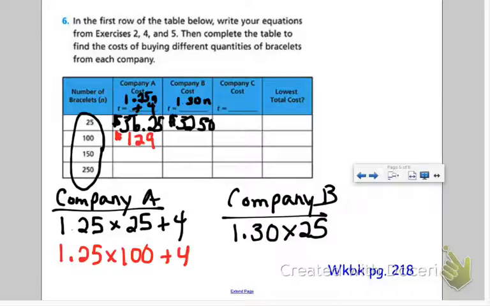Whereas if I go with company B and buy 100 bracelets, I'm going to do $1.30 times the 100 bracelets, and that's going to give me $130. So if I'm buying 100 bracelets, then maybe company A might be the way to go. I want you to complete this table because you're going to find that depending on the number of bracelets you're buying, some companies might be better than others.